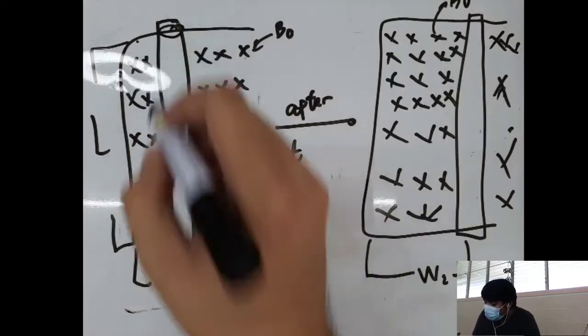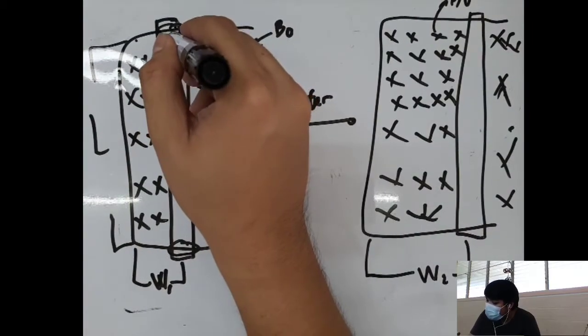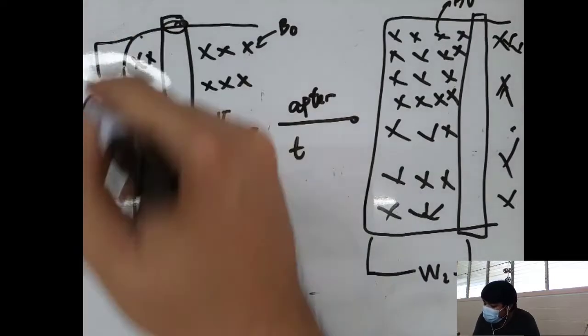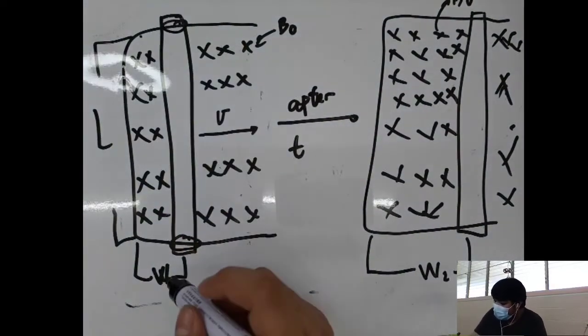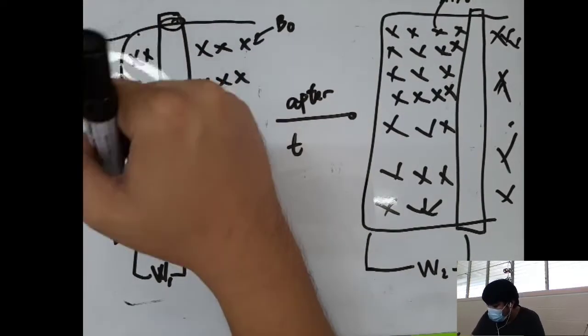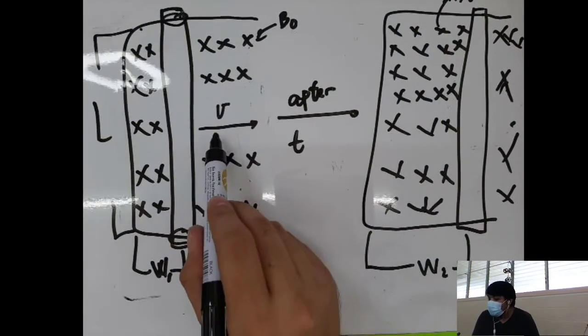And now, the wire is at a distance W1 away from the edge of this side of the rail. Okay. Now we move it at a velocity v.